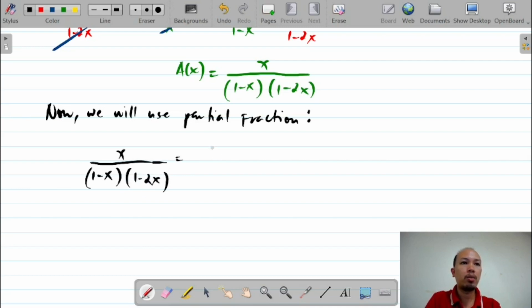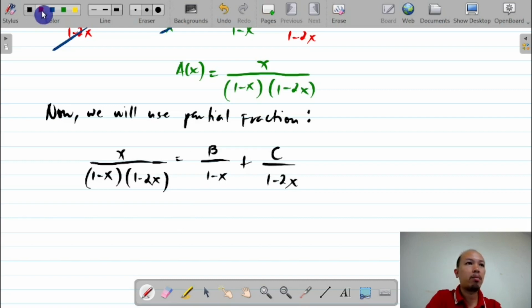It is equal to a over, no, we will not use a since we already used that letter. Let's try b over 1 minus x plus c over 1 minus 2x.